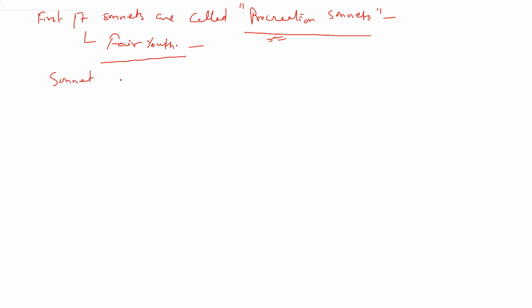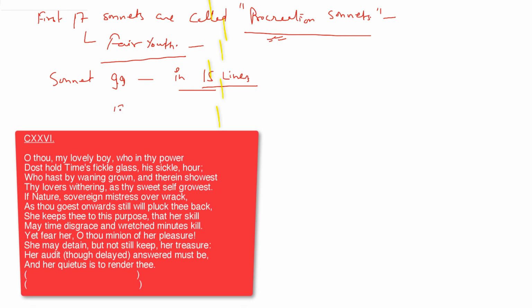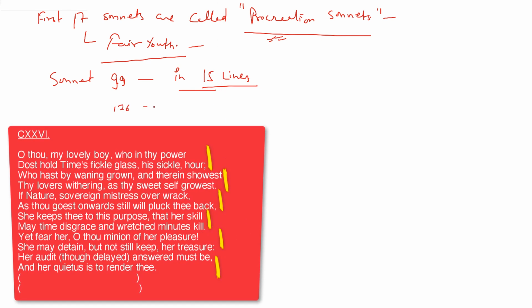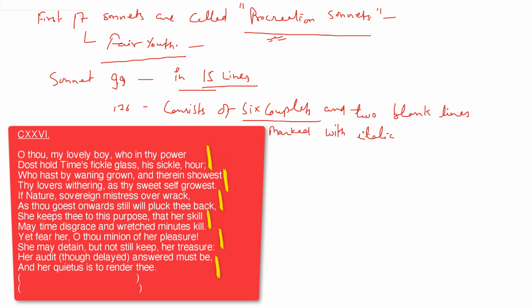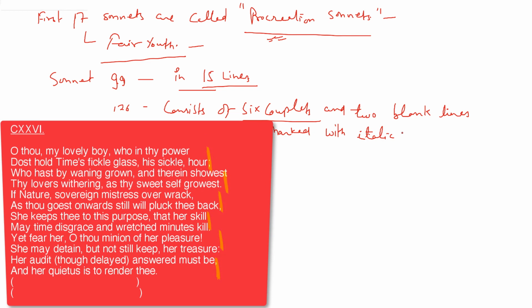Sonnet number 99 is in 15 lines. The rest of the sonnets are in 14 lines, but sonnet 99 is in 15 lines. Sonnet 126 consists of 6 couplets and 2 blank lines marked with italic brackets.